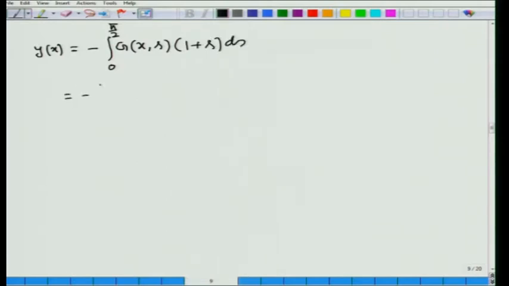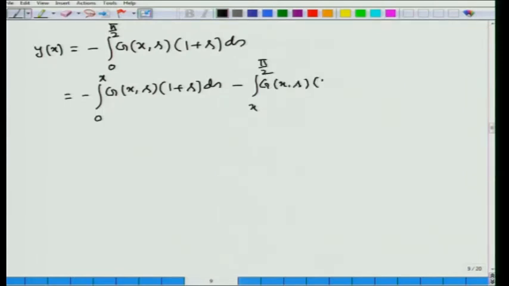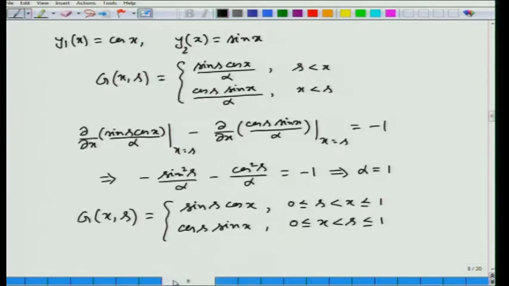First of all we have to divide into two intervals, that is 0 to x g(x, s)(1 + s) ds minus x to π/2 g(x, s)(1 + s) ds, and here this will be minus integral 0 to x, first integral s is less than x.